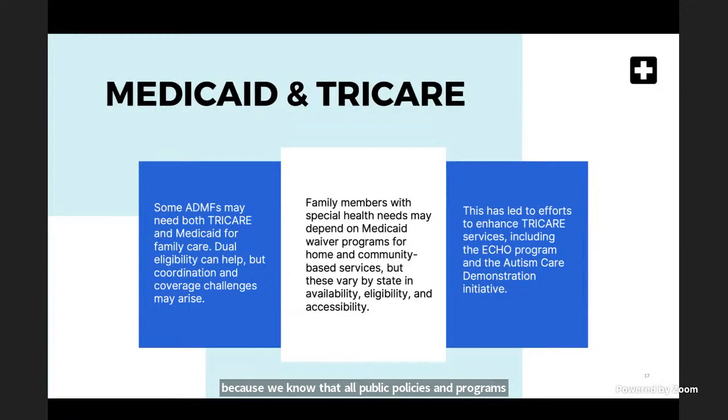And indeed, one of the most important roles that individuals can play in information referral is understanding these programs and then also helping to get word out about their availability. I started looking at the interface of Medicaid and the military system well over a decade ago.